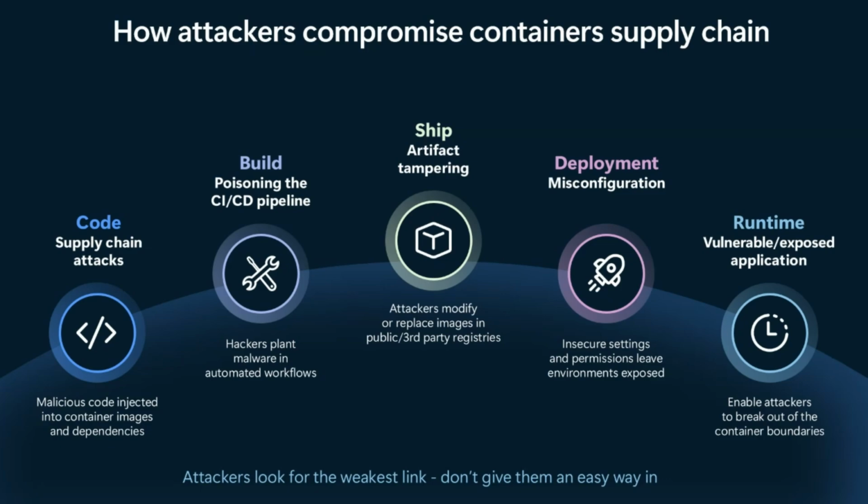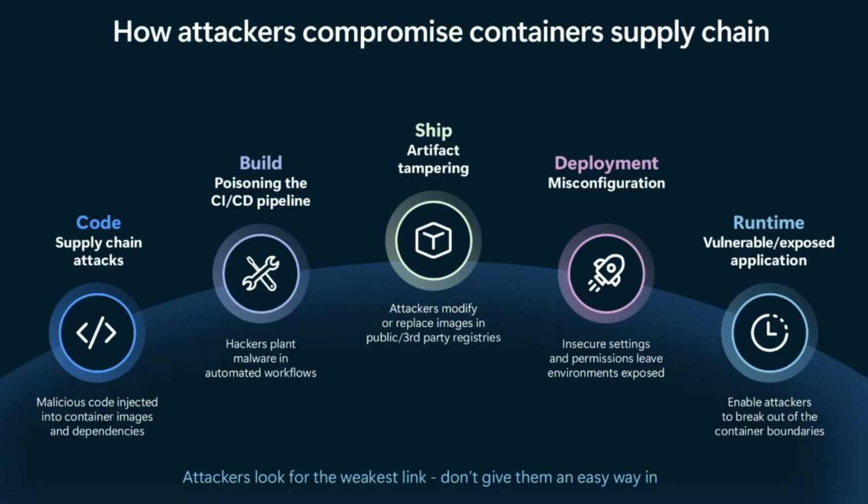This is why it's so important to sign images and verify them for authenticity. During the deployment phase, misconfigurations like excessive privilege, exposed ports, or weak network policies can leave the Kubernetes cluster vulnerable. Even a small misstep, like running a container as root, can open the door to lateral movement or privilege escalation.